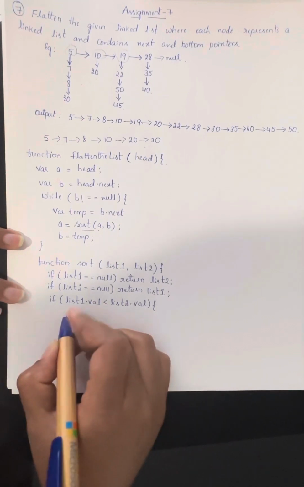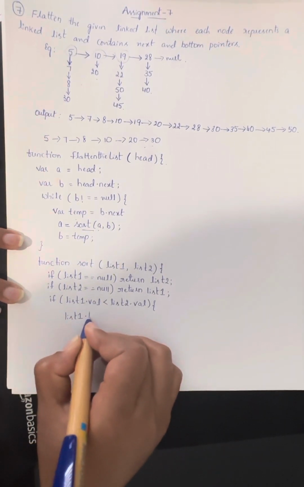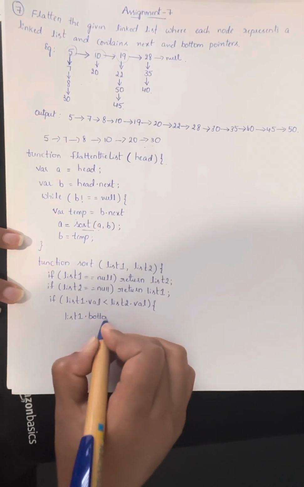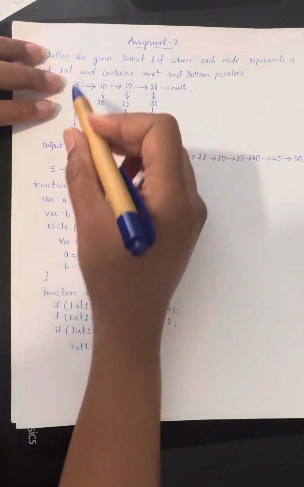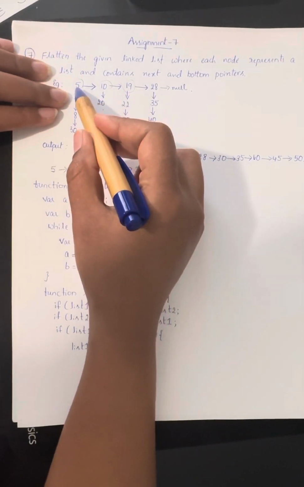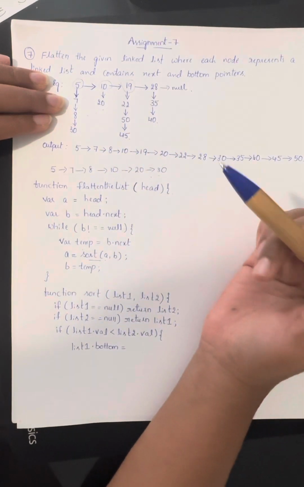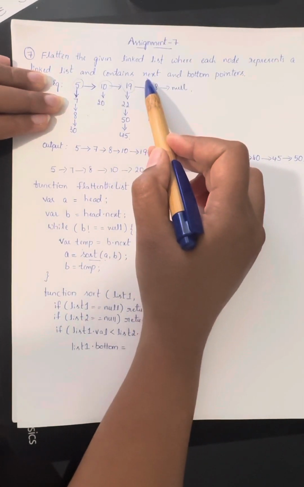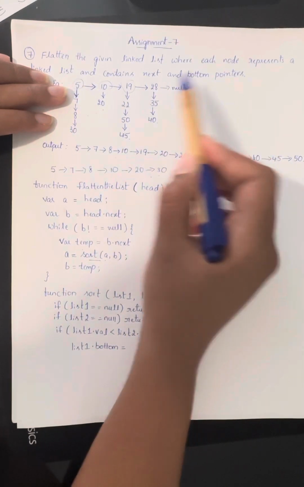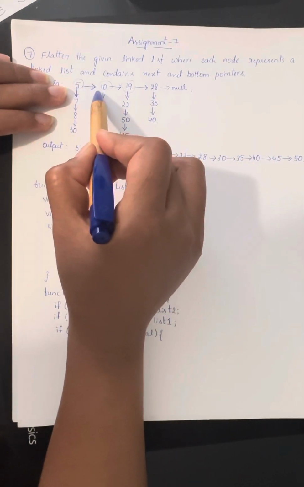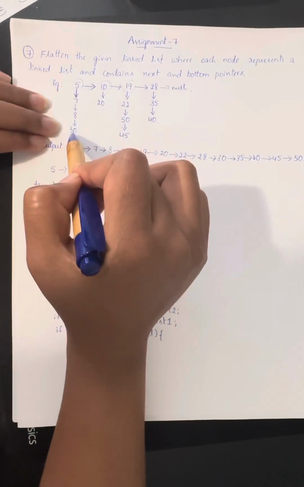If it is true, then list1.bottom equals to. We need to access these nodes with the bottom pointer. In the question we are given that each node will contain next and bottom pointers, where the next pointer refers to the next node and the bottom refers to the bottom nodes.